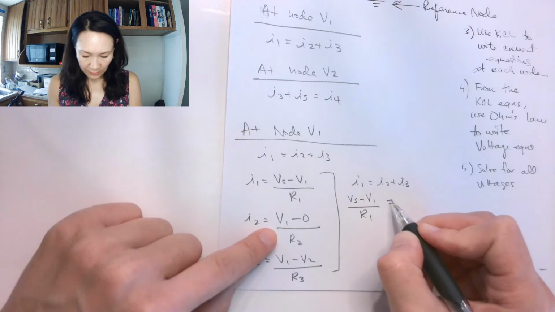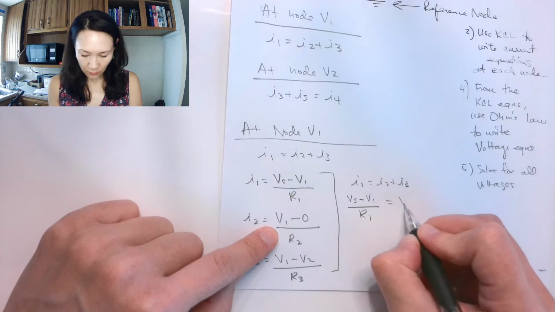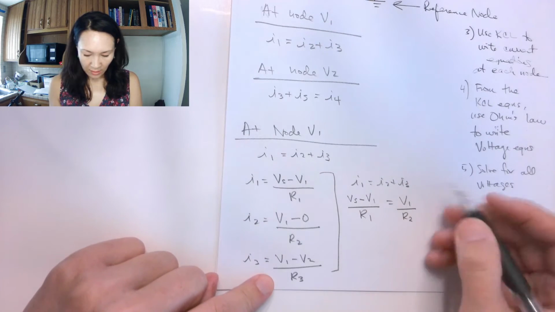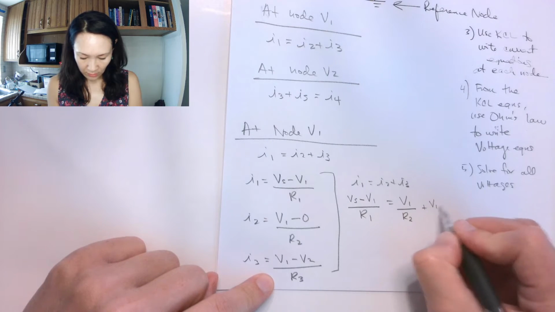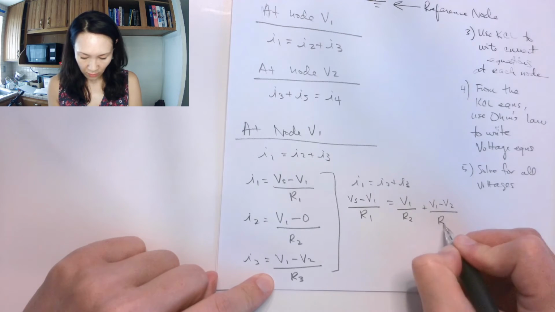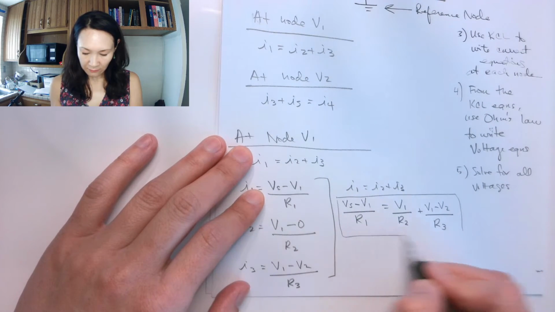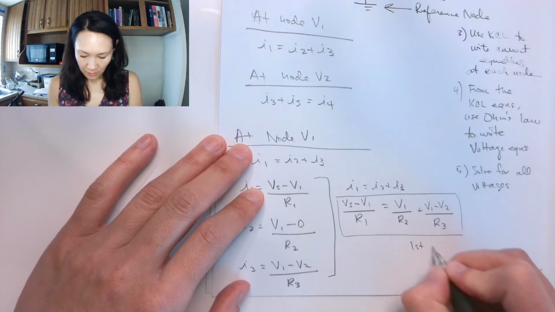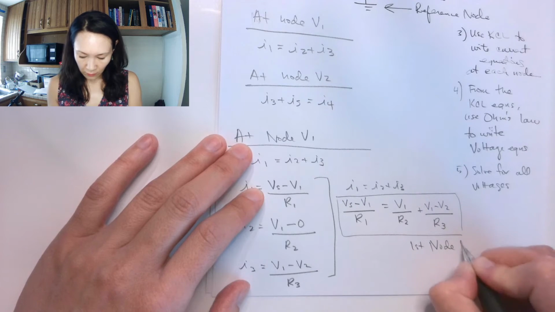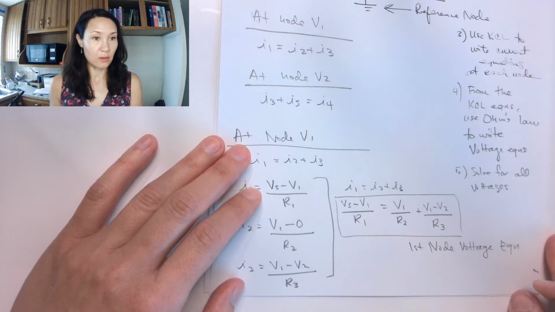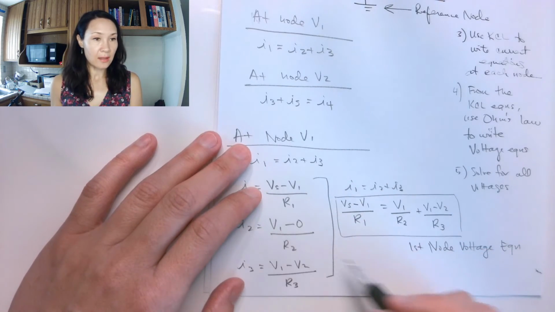In place of I2, I'm going to put V1 minus 0, which is just V1 over R2. And in place of I3, I'm going to put V1 minus V2 over R3. Okay, and this is my first node voltage equation.